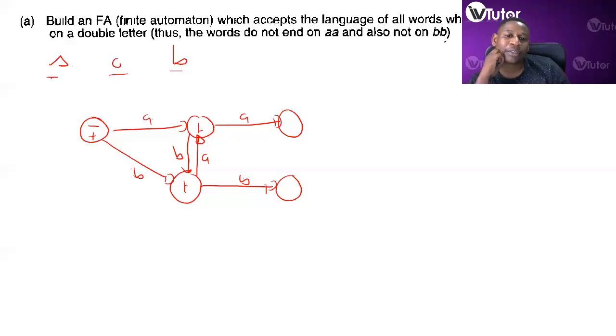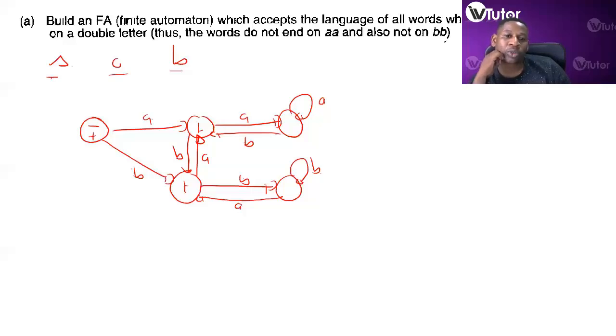If you have an A over there, you can go to a final state, okay? But if you continue having B's and you're sitting here, you're going to sit in this loop. Same as A's, you're going to sit in this loop. And once you have a B, you can come back to this one over there.